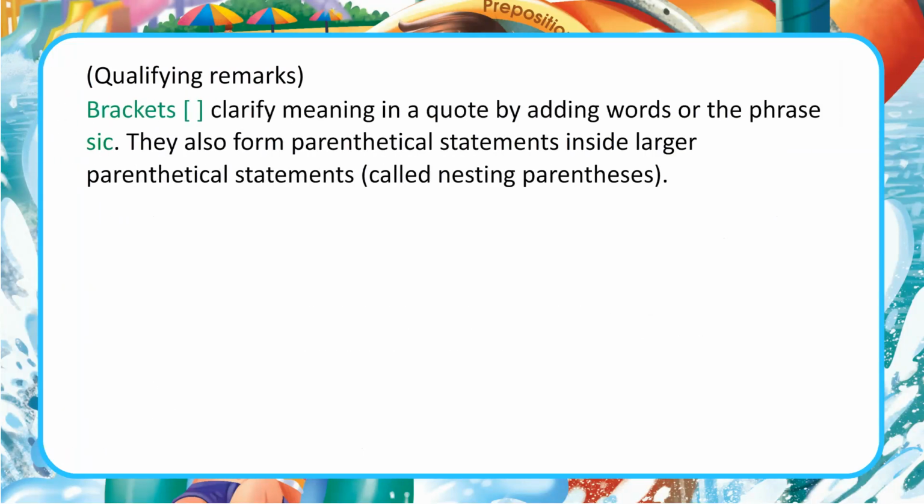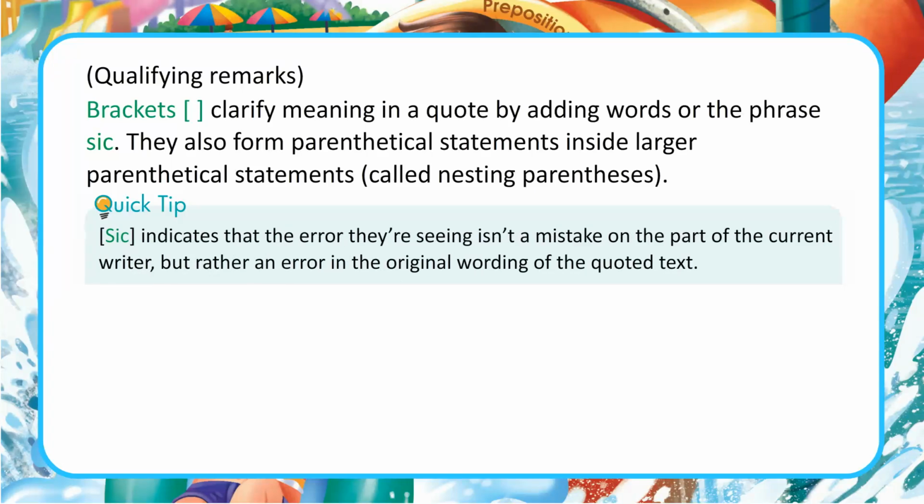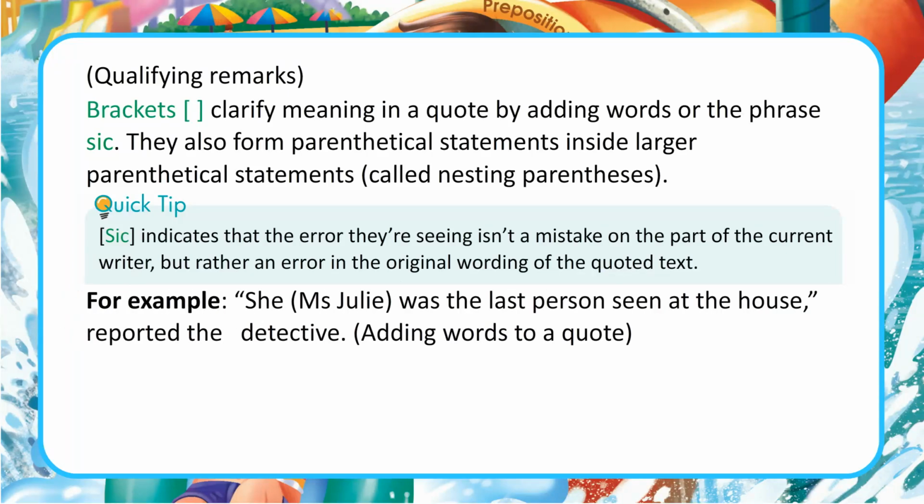Qualifying remarks. Brackets clarify meaning in a quote by adding words or the phrase [sic]. They also form parenthetical statements inside larger parenthetical statements, called nesting parentheses. Quick tip: [sic] indicates that the error they are seeing isn't a mistake on the part of the current writer, but rather an error in the original wording of the quoted text.